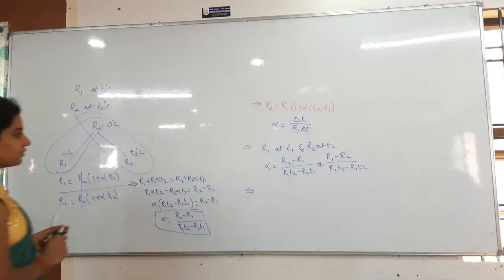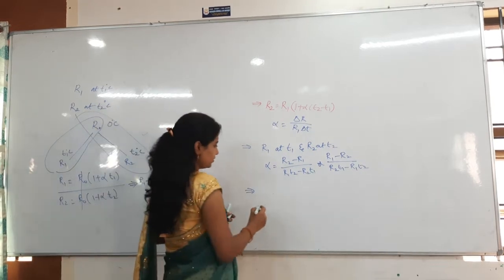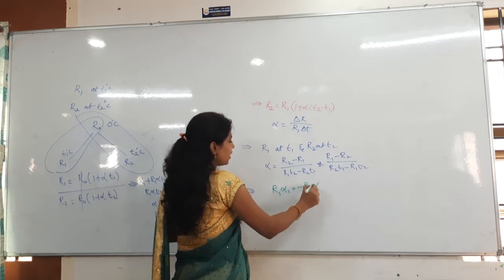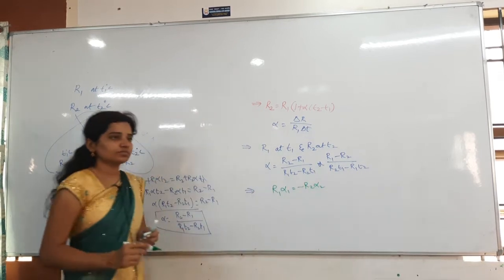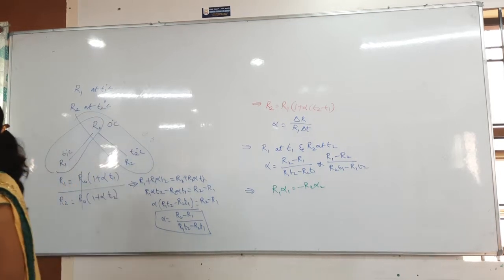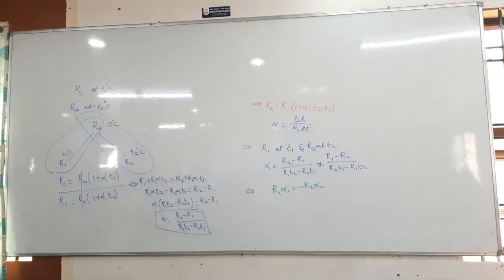What is the formula? R1 alpha 1 is equal to minus R2 alpha 2.